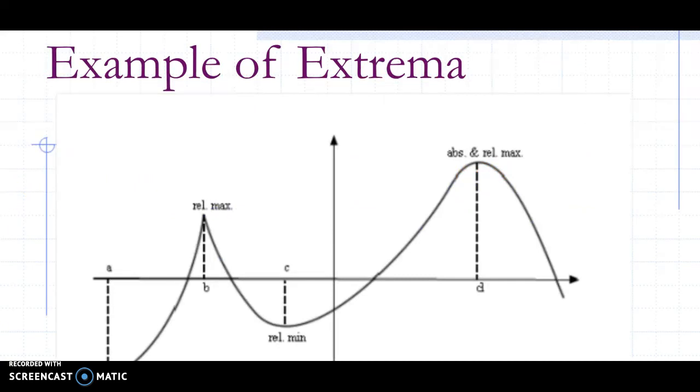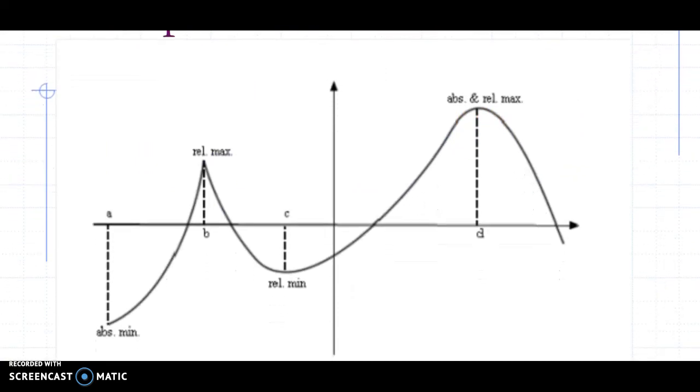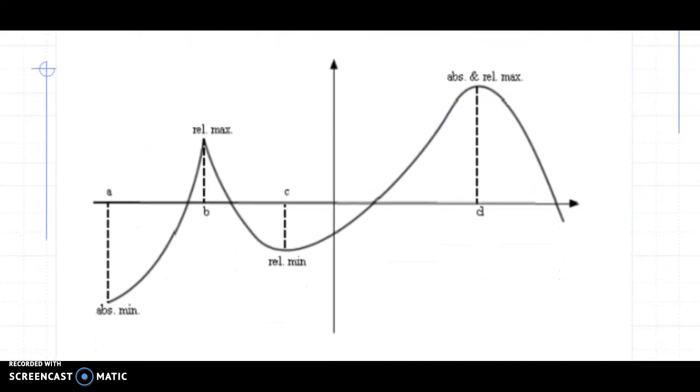Okay. So we have an example, this graph here. We're just going to talk about it and kind of visualize what's happening here. Now it does tell us, we do have a relative max, a relative min, and a relative max here. So now you're seeing for really the first time that we do have multiple relative extrema. We have two relative maximums.